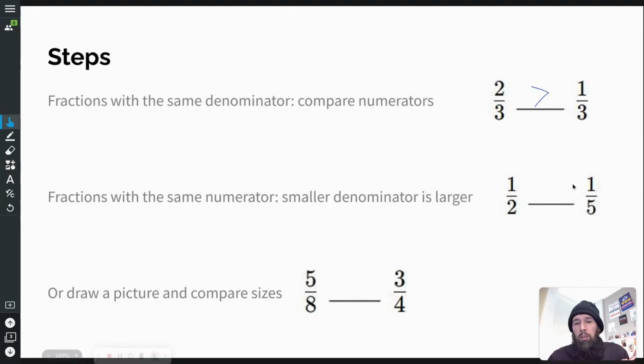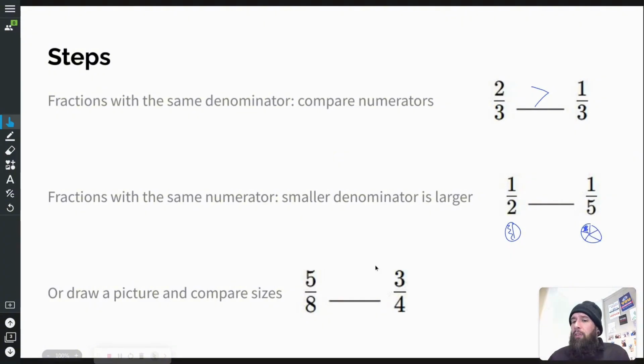Now, if the numerators are the same, it's opposite. If the numerators are the same, the smaller the denominator, the larger that number is. If that's a pizza, eating 1/2 of a pizza is going to be a whole lot more than if I were to split you up into 5 parts and eat 1/5 of it.